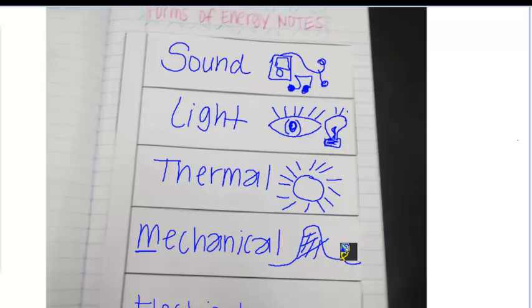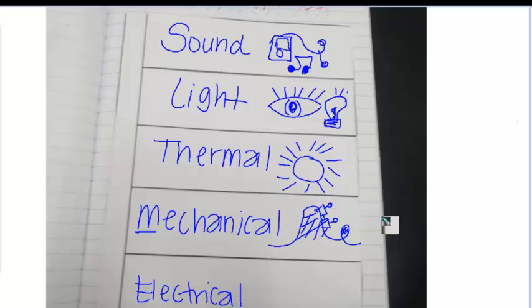Those cars are moving. So we might draw the little roller coaster car and the people going down. But like I said, your picture can be anything you want as long as it shows something moving, energy of motion.